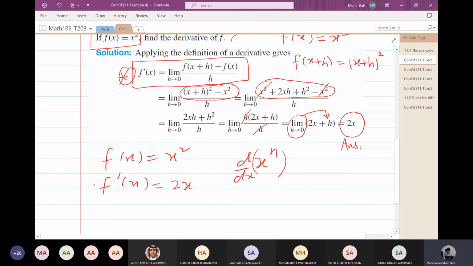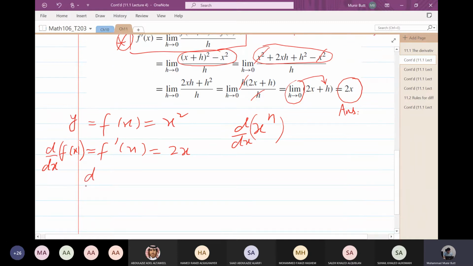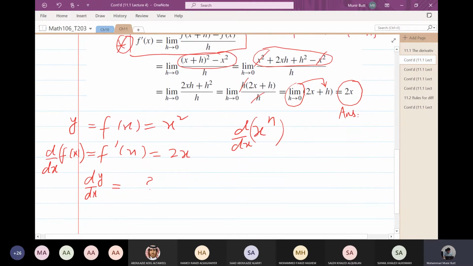So this means d over dx of this f of x. There are many notations, and you also know that this is equal to y, and we can also say d over dx of this y is equal to what. And there are also many notations in the book.